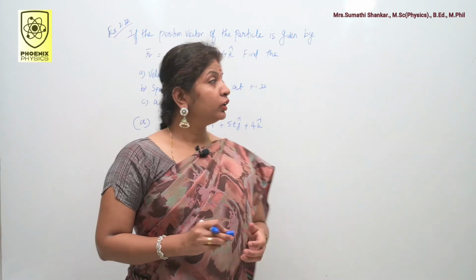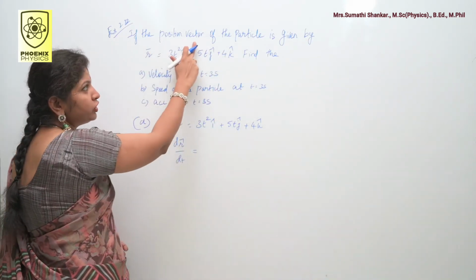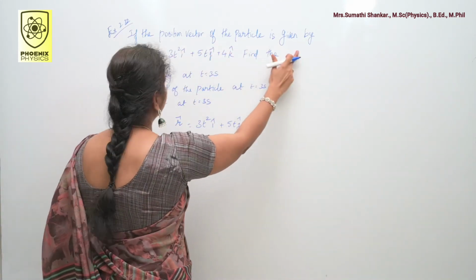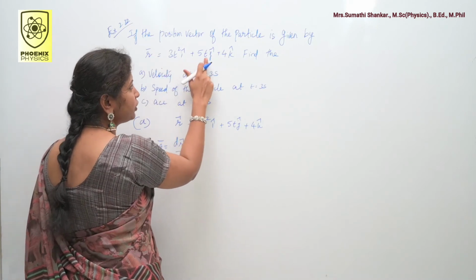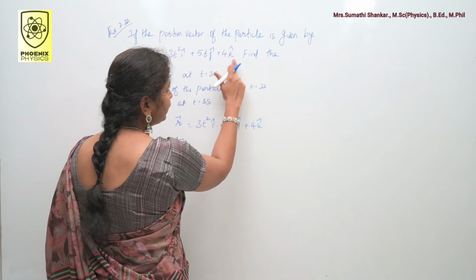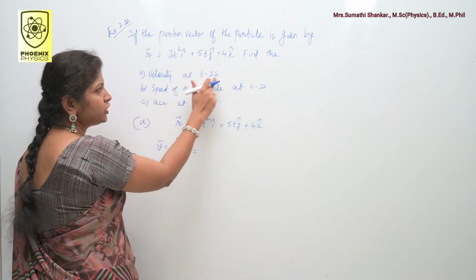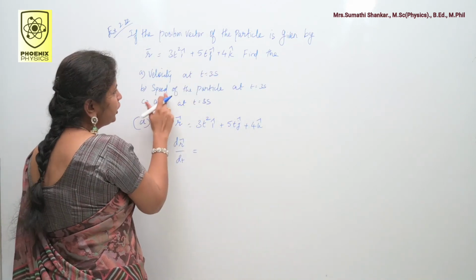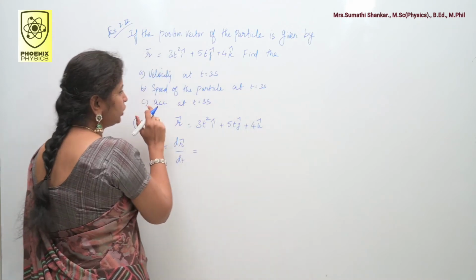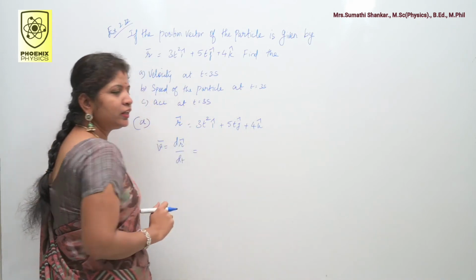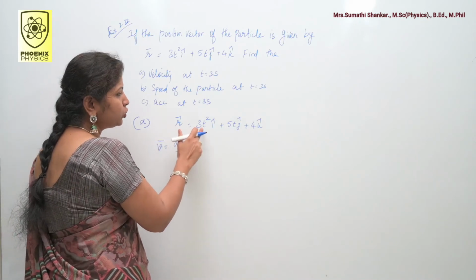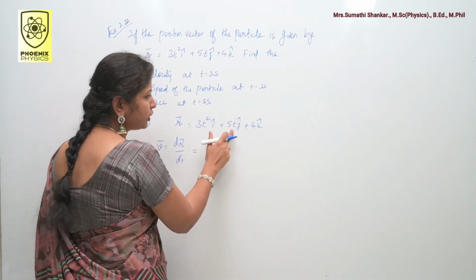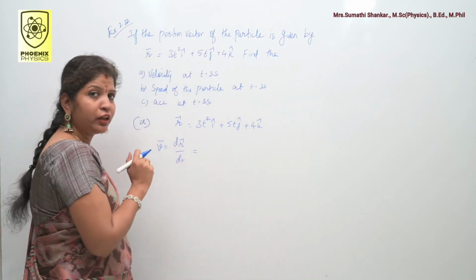Next problem. If the position vector of the particle is given by r is equal to 3t square i vector plus 5t j vector plus 4k vector, find the velocity at t is equal to 3 seconds, speed of the particle at t is equal to 3 seconds, acceleration at t is equal to 3 seconds. What is given? r is equal to 3t square i vector plus 5t j vector plus 4k vector.